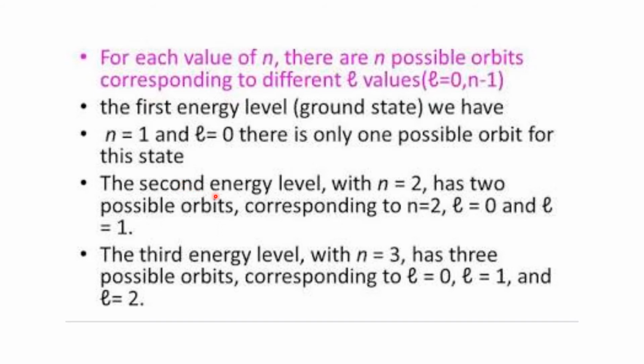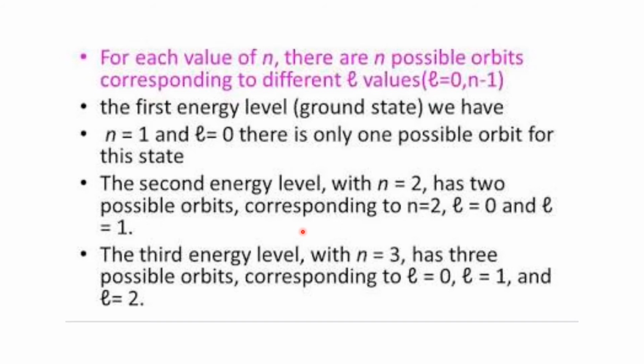The second level, n is equal to 2, has two possible orbits, that is, L is equal to 0 and L is equal to 1. Since L values are from 0 to n minus 1, the first L value is 0 and the next is 2 minus 1, which is 1.